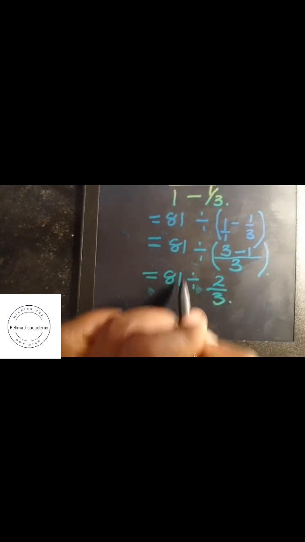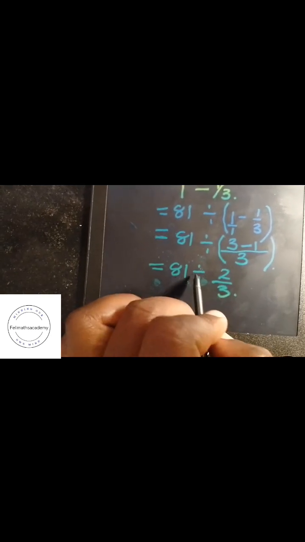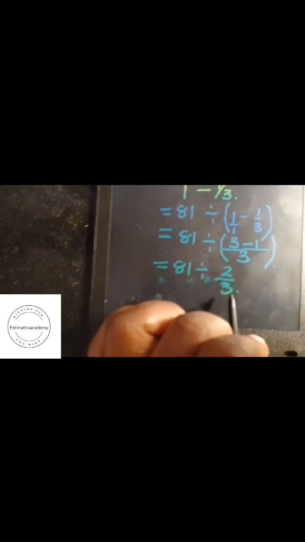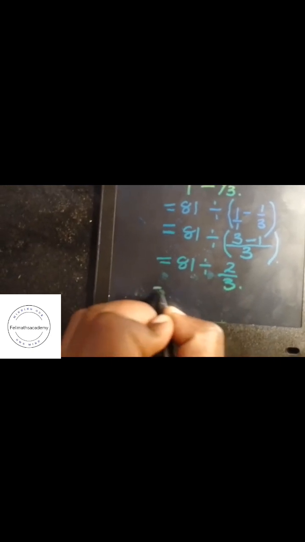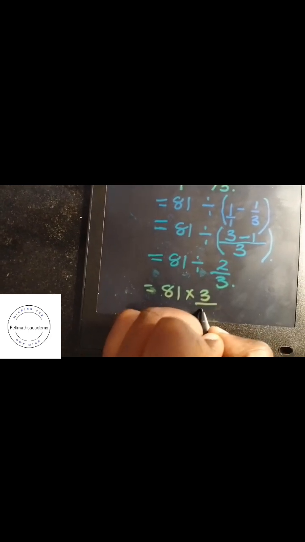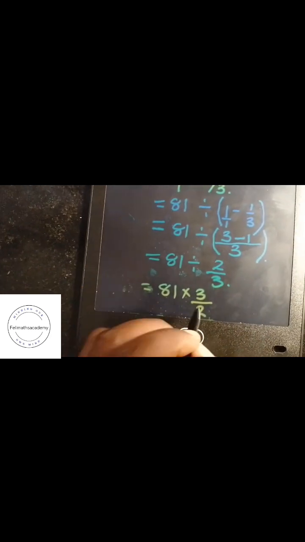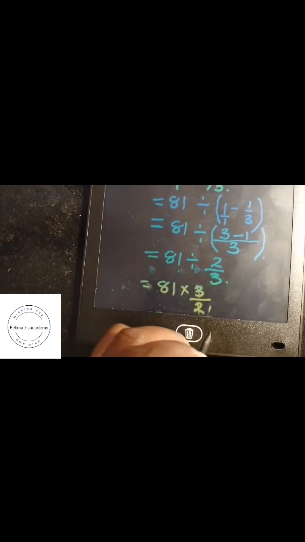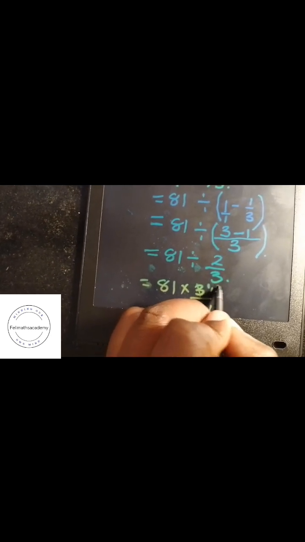Then we change this to a multiplication sign and invert the second fraction. So this becomes 81 times 3 over 2, and 2 into 2 is 1, into 3 it's 1.5.